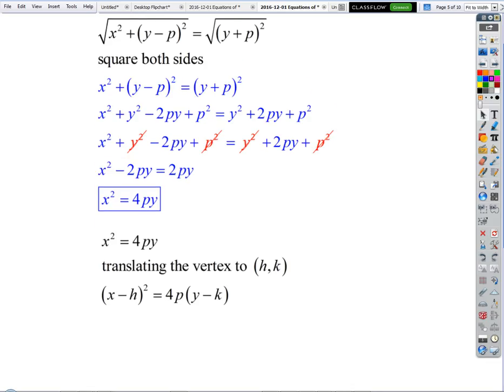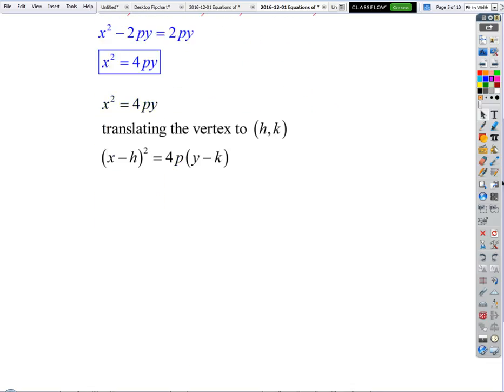All we've got to do to accomplish that is this, right? If we translate the vertex to (h, k), all that means is we're going to replace the x with an x minus h, just like we did before. How did we translate a function horizontally? We just included this number h subtracted from x that tells us the horizontal translation.